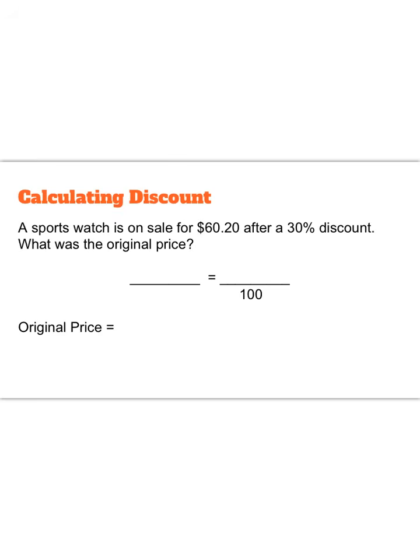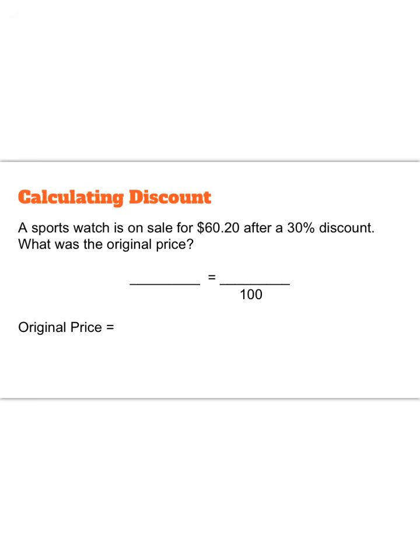All right, it's going to be really important on these problems that you're able to read closely and carefully and understand where things need to be placed. It's sort of like a puzzle. If you place things in the right spot, things will come out great. But if you put things in the wrong spot, you're probably going to get the wrong answer. So this one says a sports watch is on sale for $60.20 after a 30% discount.